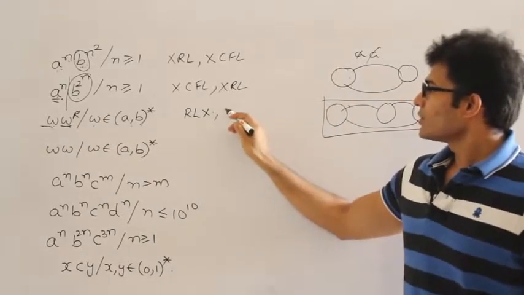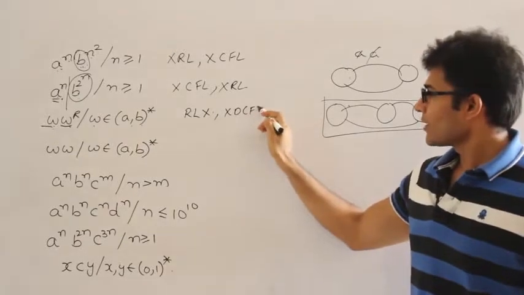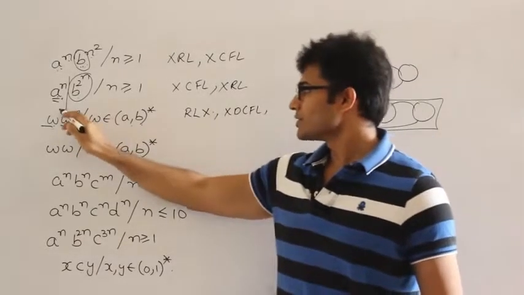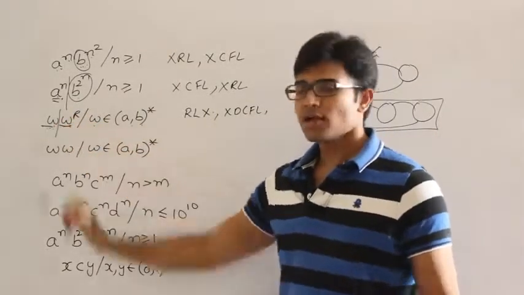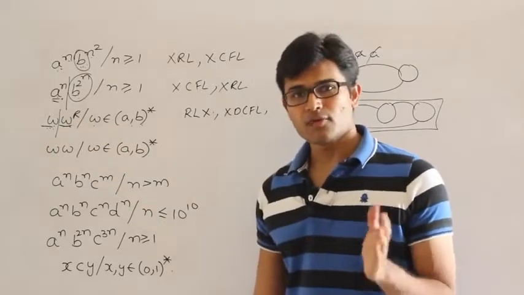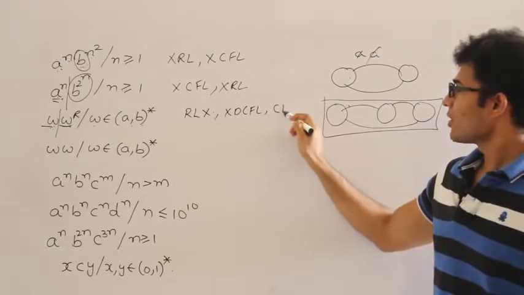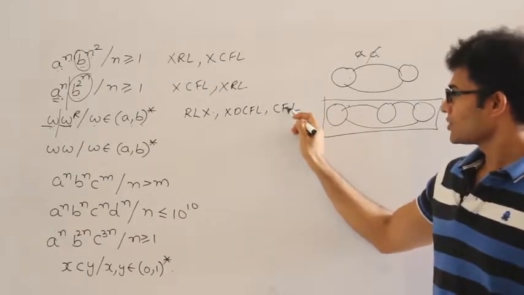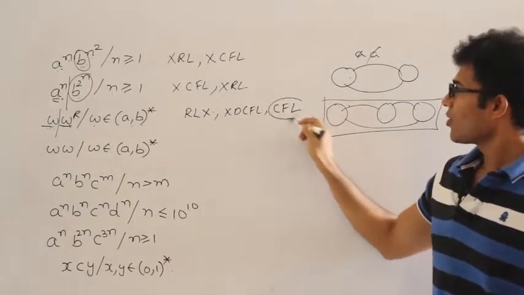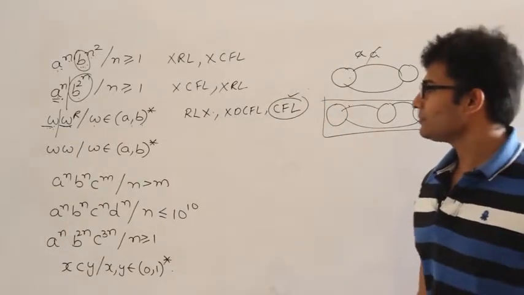And this language is not a deterministic context free language, because I don't know where this center is. Therefore I cannot know till what part to push and from what part to pop. But this grammar is a context free language, which is a non-deterministic context free language, and so context free, right?